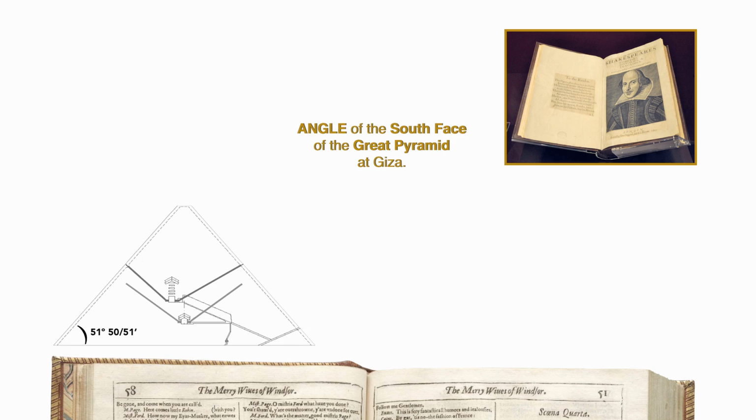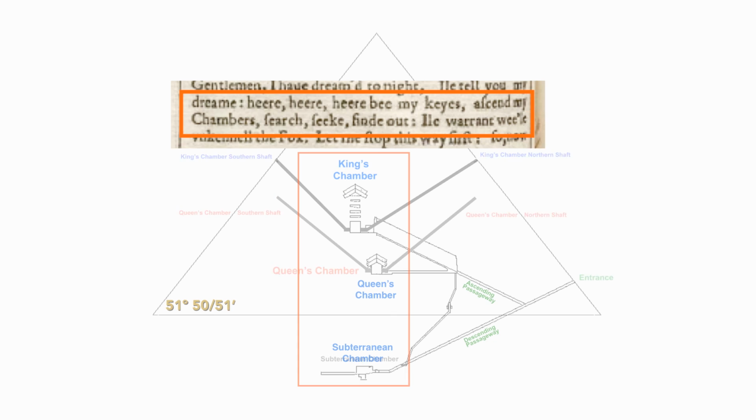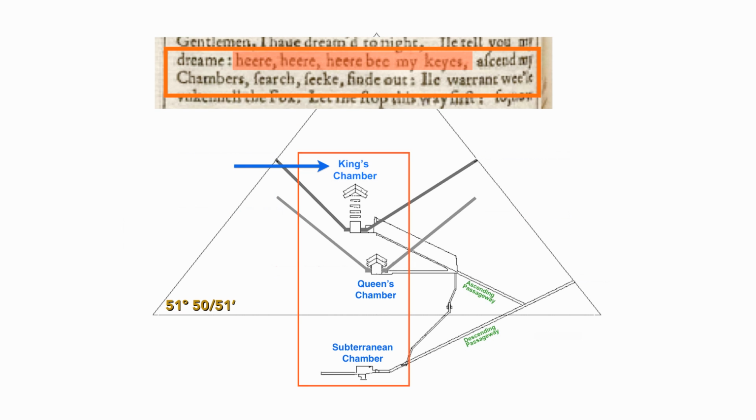Note he's drawing attention to 50 and 51. What does he say down at the bottom of that page? Here, here, here be my keys. Ascend my chambers. These are called the ascending passageways, and they reach the king's chamber, queen's chamber, subterranean chamber in the Great Pyramid. Search, seek, find out.